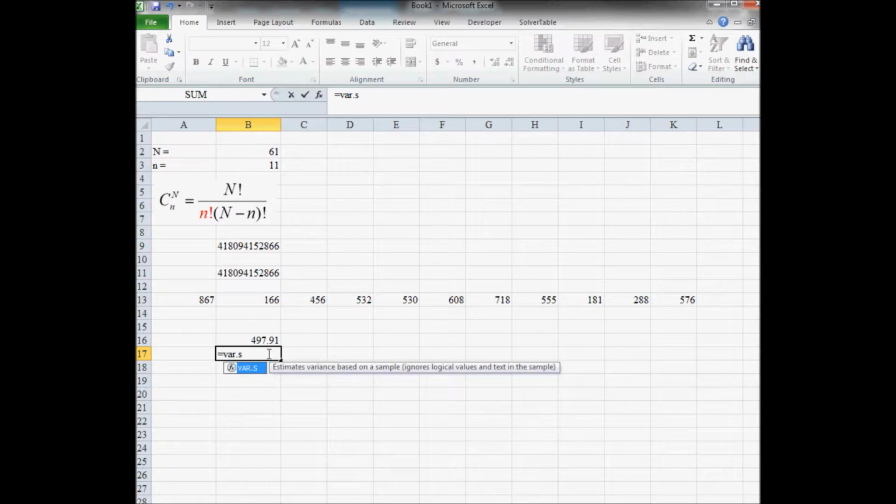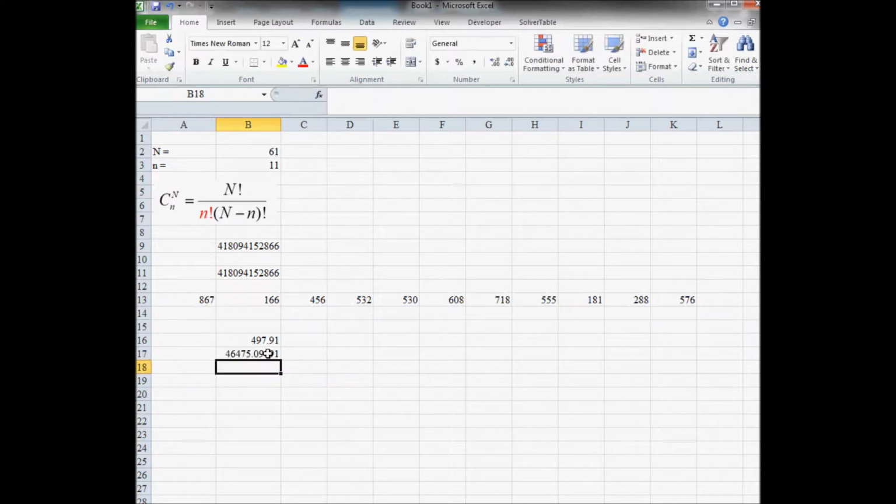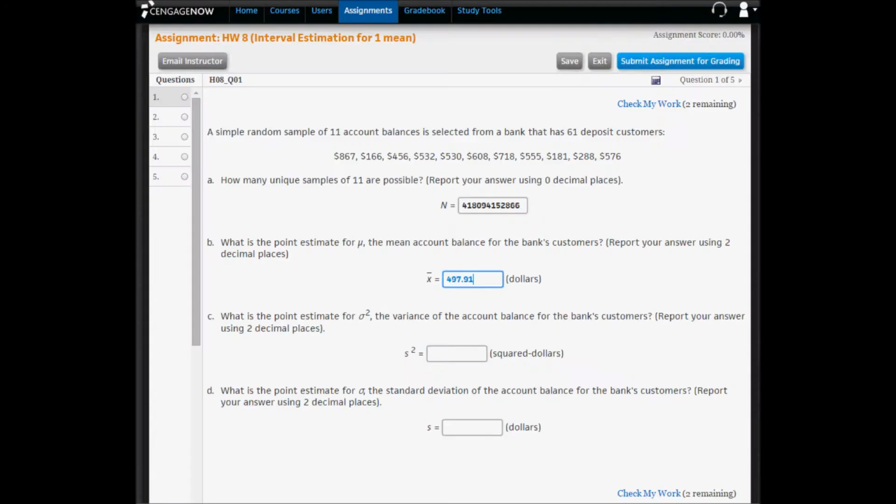The S stands for sample. So this is the sample variance. And then we highlight the data, and we get the sample variance to 5 decimal places, but I'm only asking for 2 decimal places. So we're going to copy that and paste that back into Cengage Now.